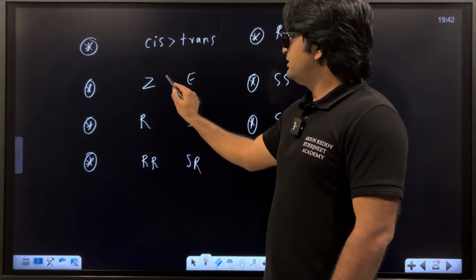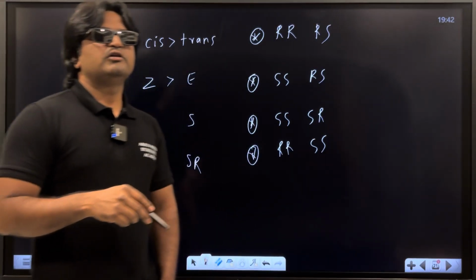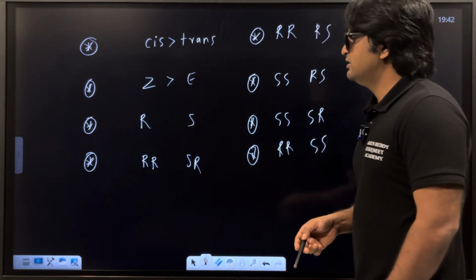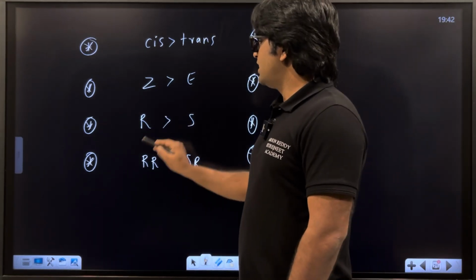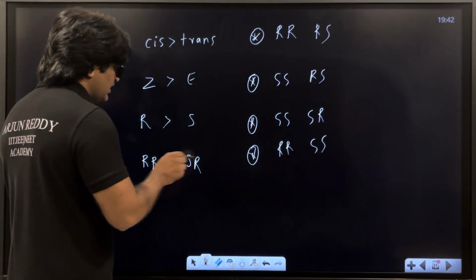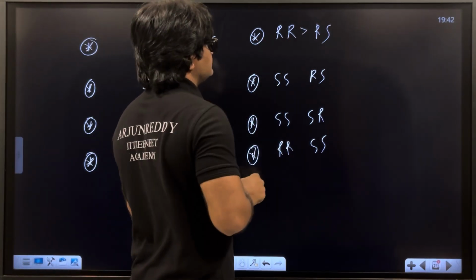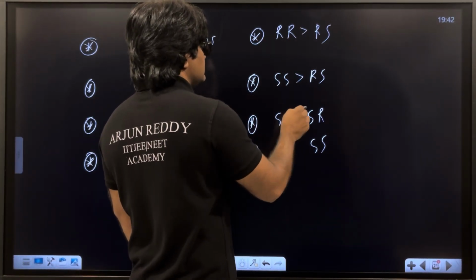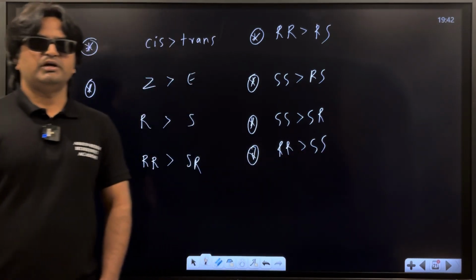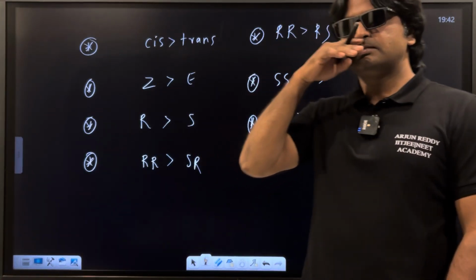Between Z and E, high priority is given to Z. First priority is given to Z and second priority to E. Now Z gets higher priority than E. If there is R and S, R gets higher priority than S. For RR and SR, RR has higher priority; likewise RR over RS, SS over RS, SS over SR. Between RR and SS, RR gets higher priority. Okay. Now these are the priorities on the basis of CIP rules.